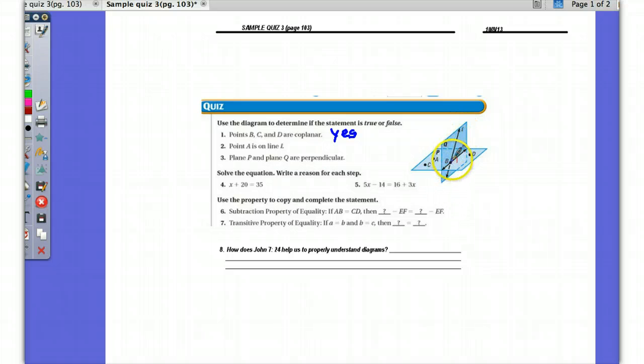It's point B that would be on line L, and this same point B is also on line M. So this one would take, I'm going to write no, but it should be false. For the first one also, let me change that to true.